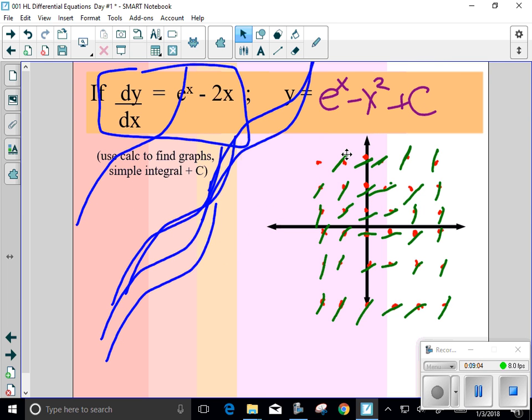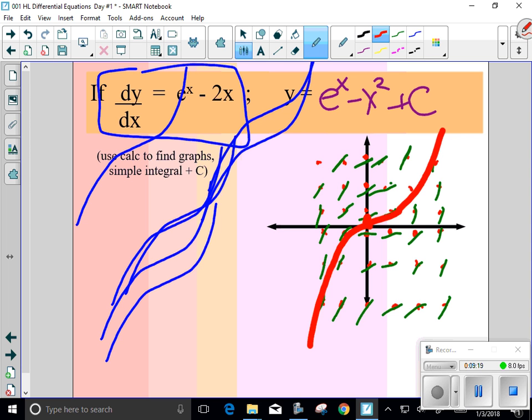You're going to draw these, and then if you can imagine it, you're going to take a point, like maybe this one, and then you're going to kind of follow those slope fields and get a pretty good idea of what that curve was. That's e to the x plus minus x squared plus 0. You good? That's a slope field.